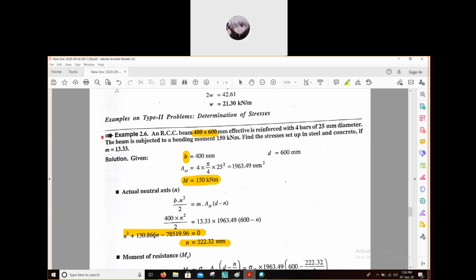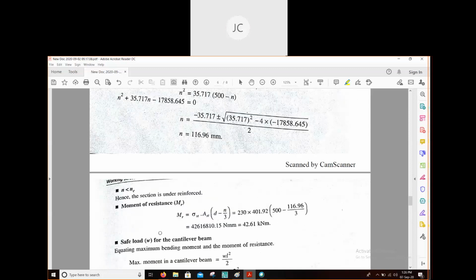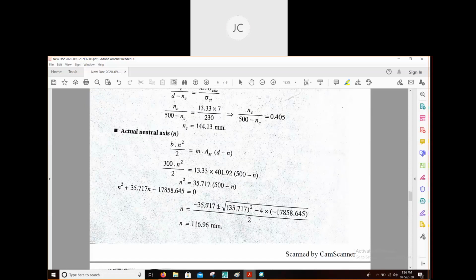This is the quadratic equation. Use your calculator to find this answer. Otherwise, the actual formula is this one. This is a quadratic equation: ax square plus bx plus c equal to 0. In your calculator, when you type equation, you will get the form ax square plus bx plus c.